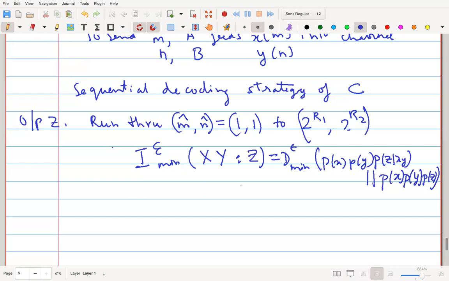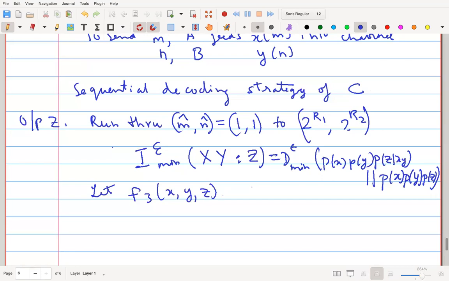So now let us say there is a function. Remember, to obtain D epsilon min, we optimize over tests, private coin tests, hypothesis tests. So this is the hypothesis testing divergence. Let f3 of x y z be the following.